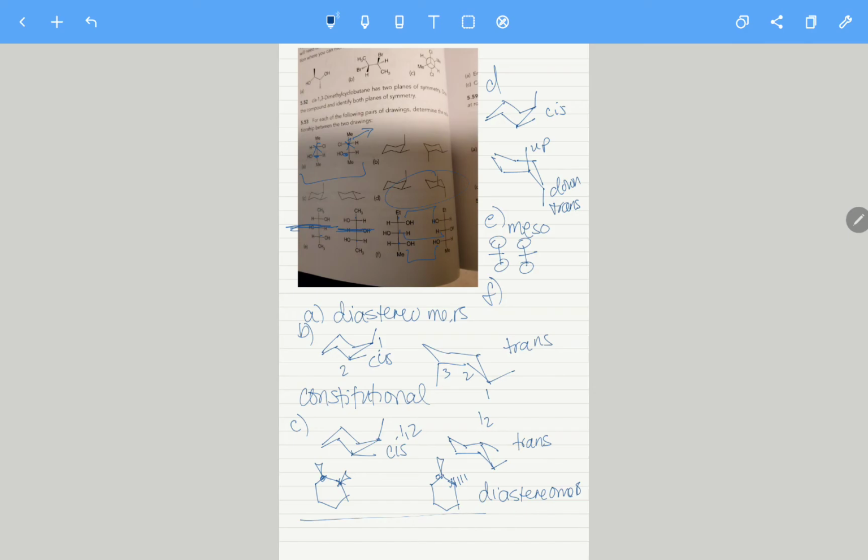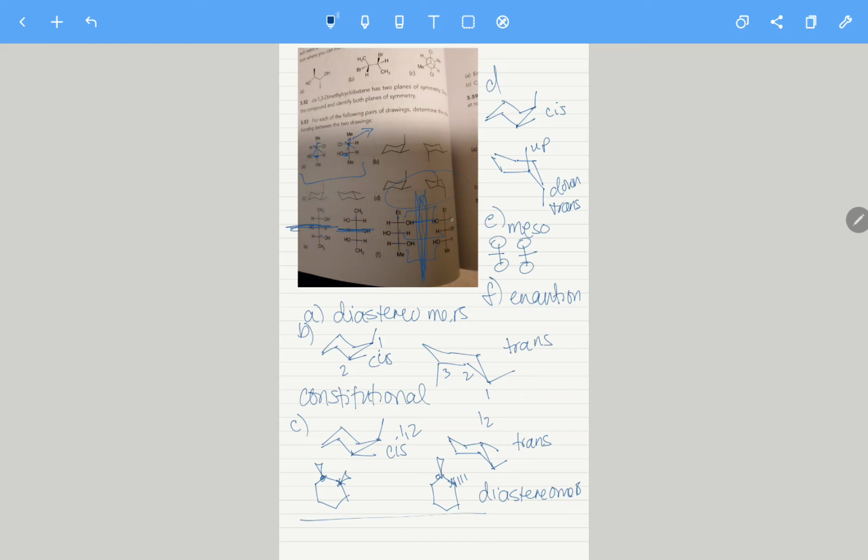But if we were to look at these, you would see that there is a mirror that we could put there, and you'd see that they map each other. Everything is kind of like mirror images of each other, so these would be enantiomers. There's a plane right here where you could put a mirror, and they look like they're mapped on top of each other.